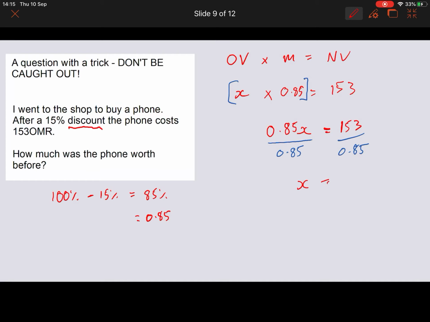So you would be able to tell me pretty easily that to solve this equation, I would simply divide both sides by 0.85. So what does x equal? Let's just get the calculator out. 153 divided by 0.85 is equal to 180.